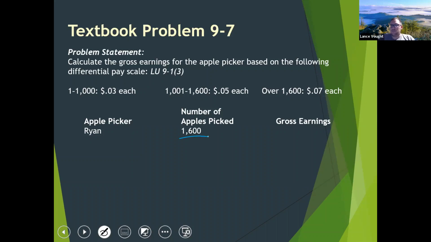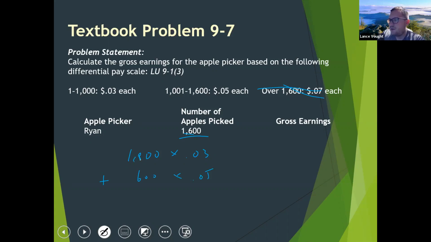For every apple he picks up to 1,000, he gets 3 cents. So 1,000 times 0.03 plus the next 600 are 5 cents each. He only picked 1,600, so he's not going to make 7 cents for any apples.